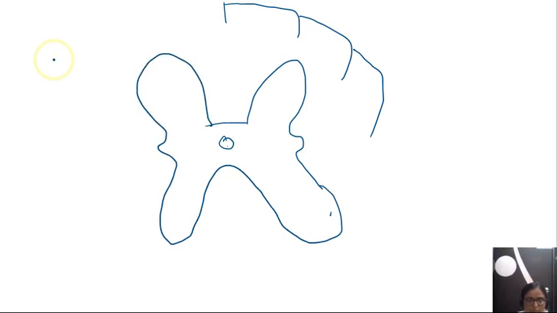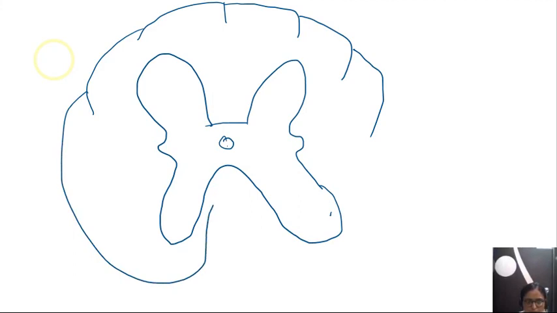And this is the outer structure. If you see, it is like this.